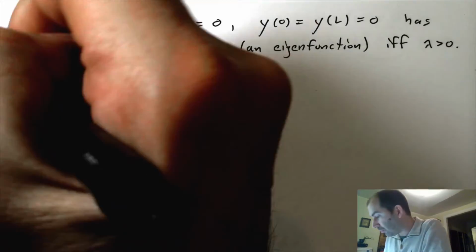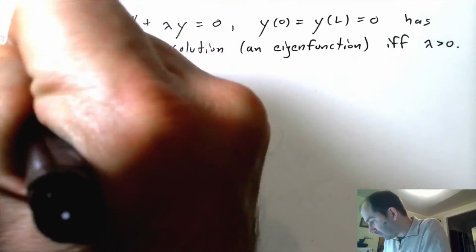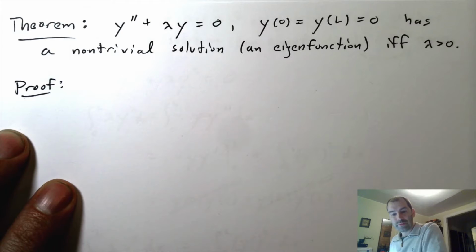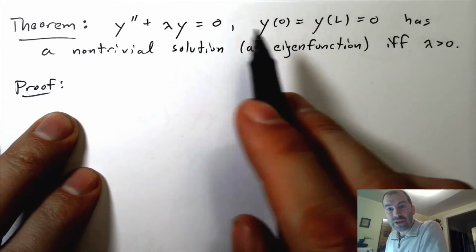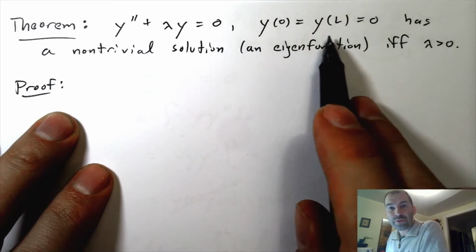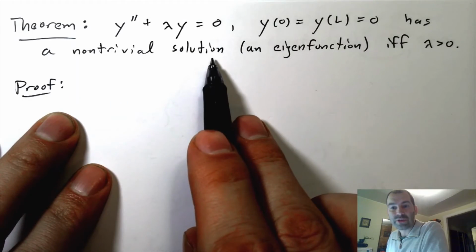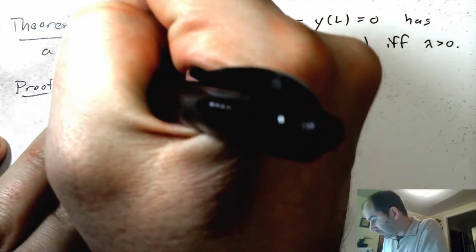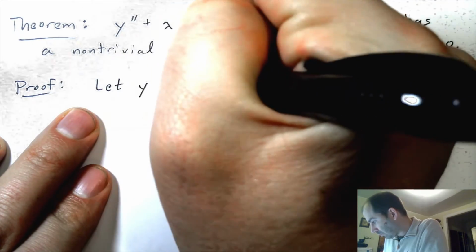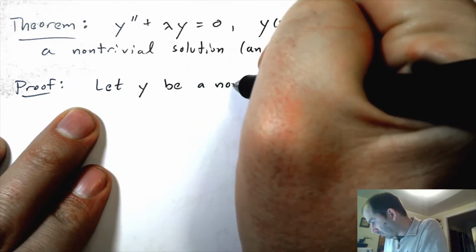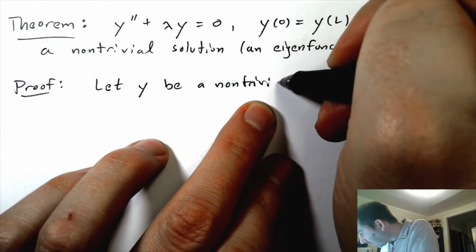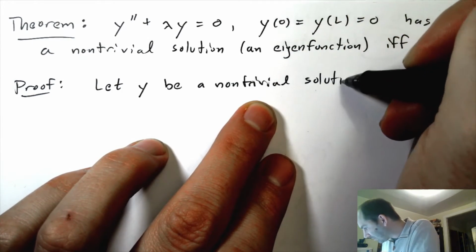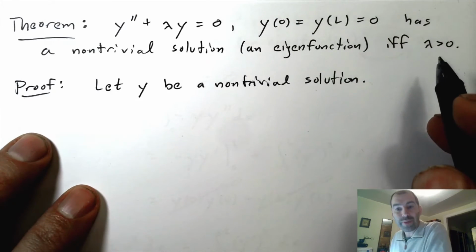Okay, let's prove this theorem. To prove this theorem, we're going to start by supposing that this differential equation has a non-trivial solution. We're going to let y be a non-trivial solution.